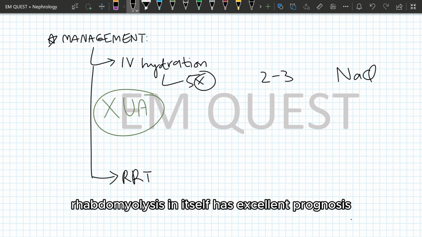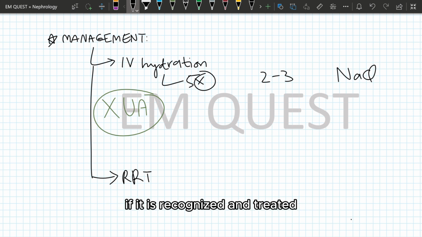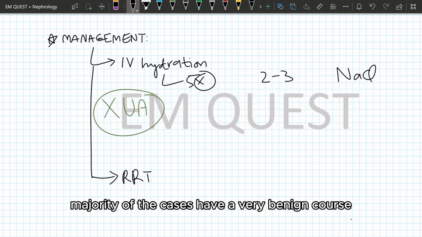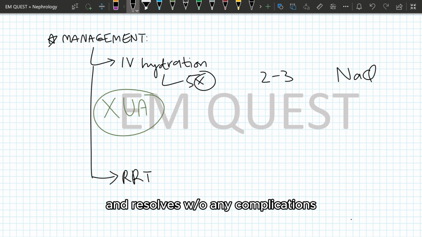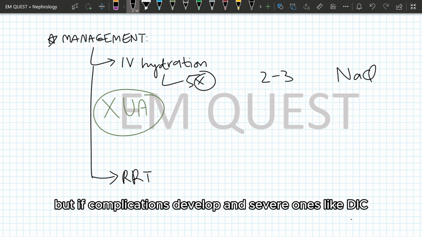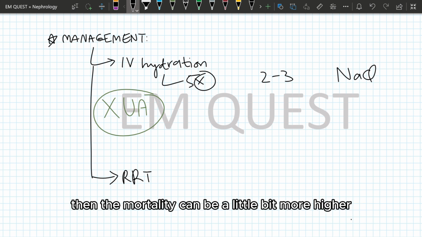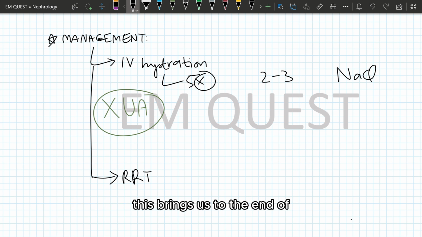Rhabdomyolysis in itself has an excellent prognosis if it is recognized and treated, particularly if it is treated early. The majority of the cases have a very benign course and resolve without any complications, but if complications develop, severe ones like DIC, then the mortality can be higher. This brings us to the end of this lecture on rhabdomyolysis.